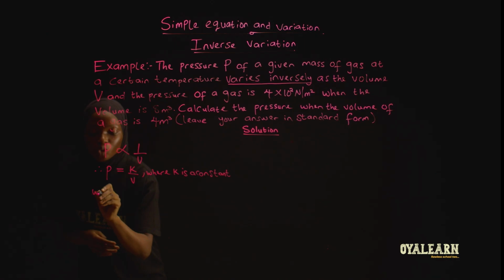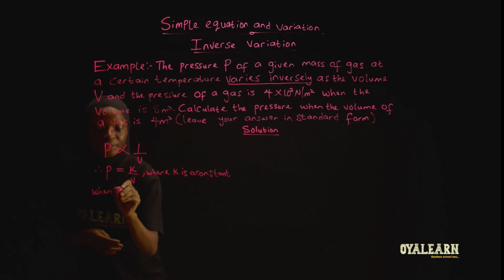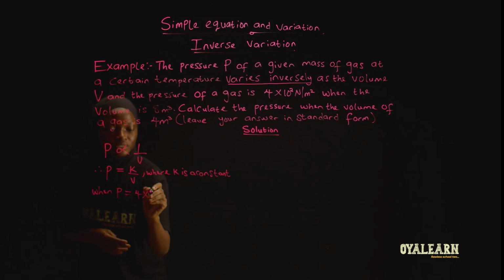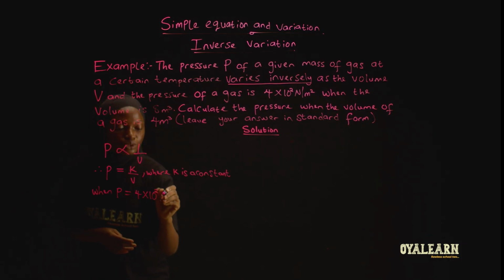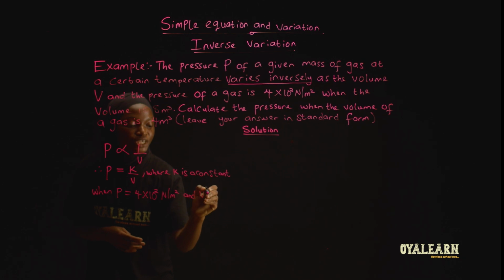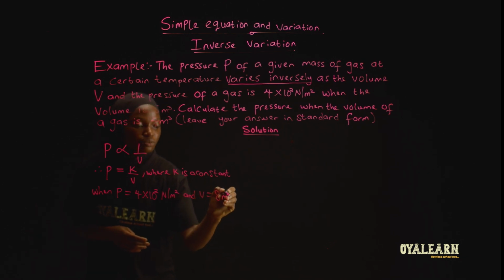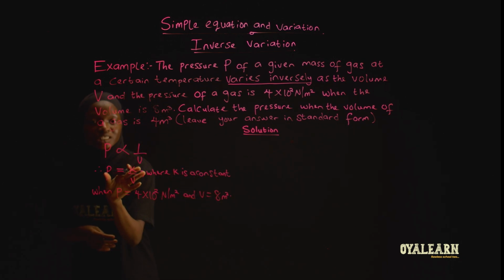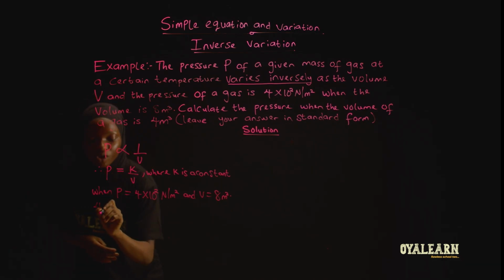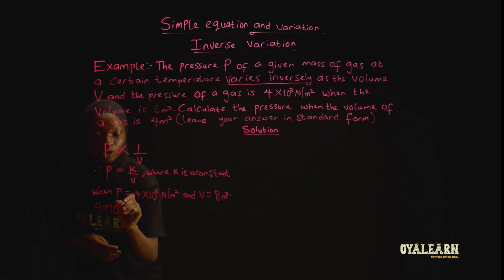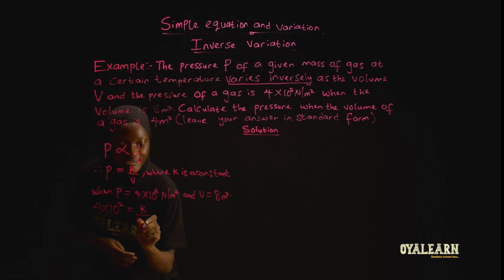That is, when P equals 4 times 10 raised to the power of 2 Newton per meter square and V equals 8 meter cube. When you put it inside this equation, we'll be having 4 times 10 raised to the power of 2 equals K over 8.